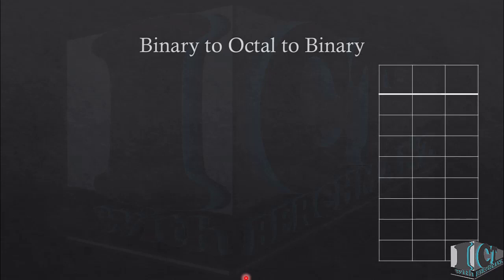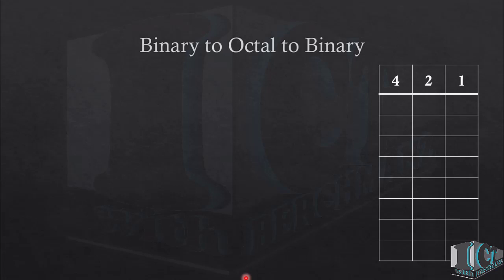In this table, I am going to have three columns. If you can remember the first three place values for the binary numbers, 2 to the power 0 is 1, 2 to the power 1 is 2, and 2 to the power 2 will give me 4. So I'm going to use these three to create a binary to octal conversion.